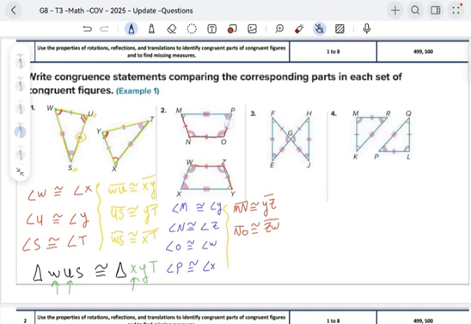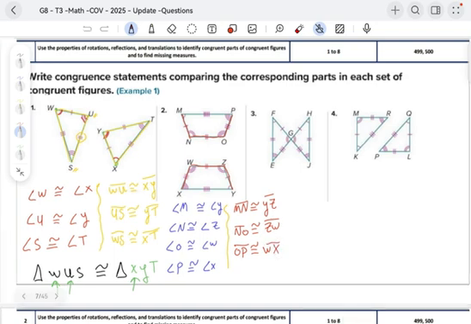Then segment OP, it's congruent to segment WX. And the last one is segment PM. It's congruent to segment XY.